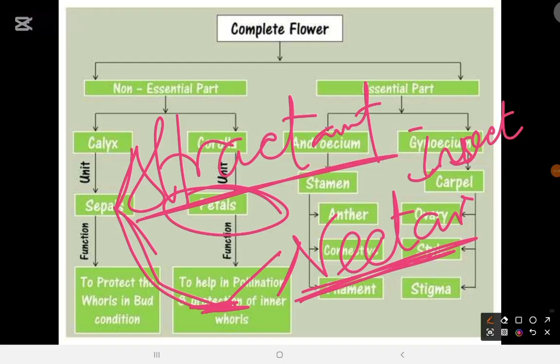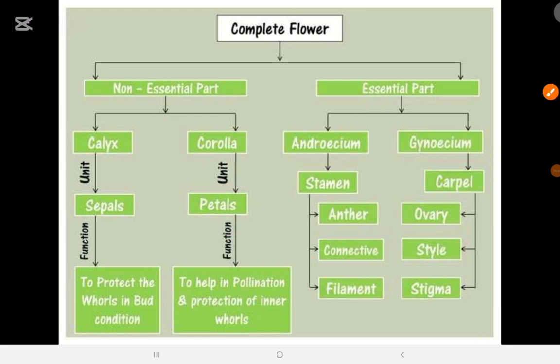By trying to get this nectar, they rub their bodies on the pollen grains, and by moving from one flower to another, they get to transfer this pollen grain, which is called pollination.